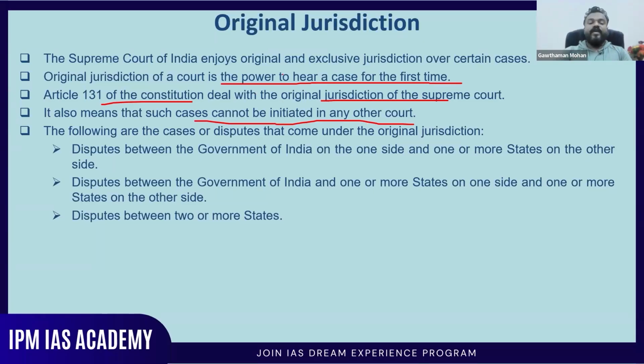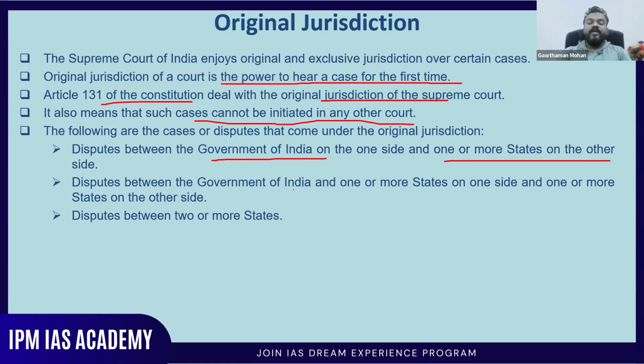The following are the cases or disputes that come under the original jurisdiction. 1. Disputes between the Government of India on the one side and one or more states on the other side. You know that High Court deals with a particular state only, so the High Court cannot interfere in such cases. Only the Supreme Court can interfere.